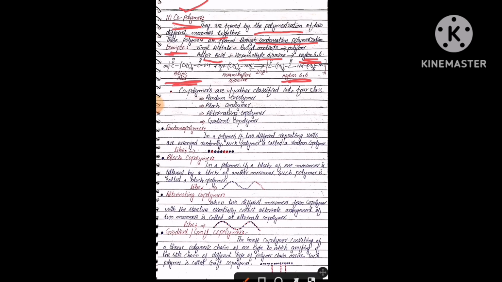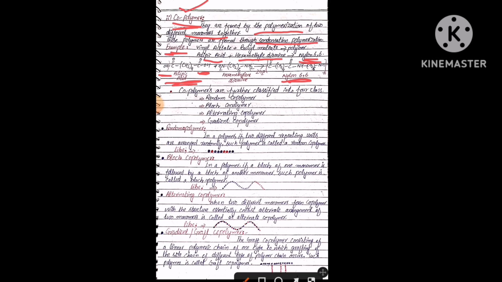The formula of adipic acid is in front of you. The CH2 methylene group, it is 4 times and on terminal sides there is an acid part present. COOH carboxylic acid, it's on one side and on the other side is also carboxylic acid.